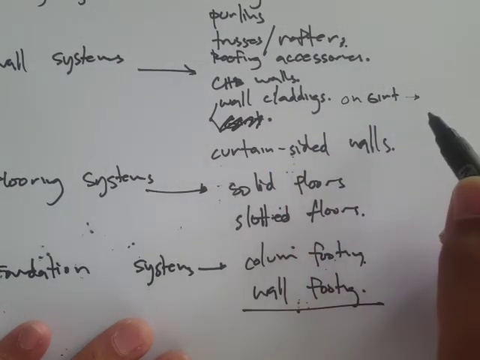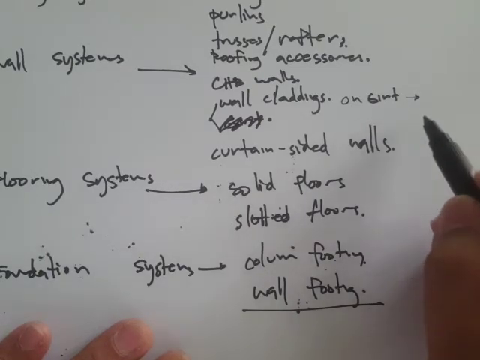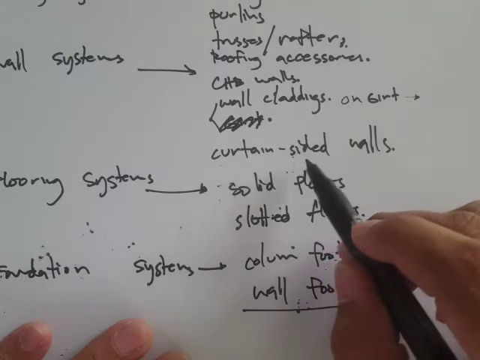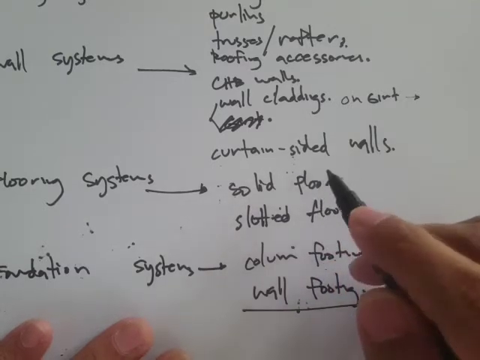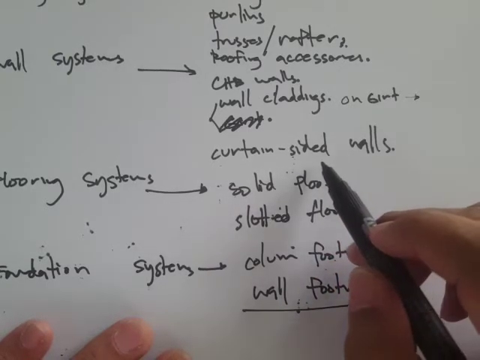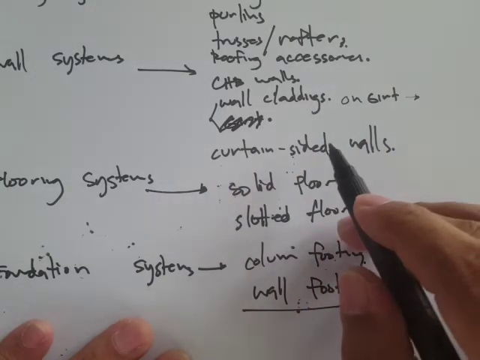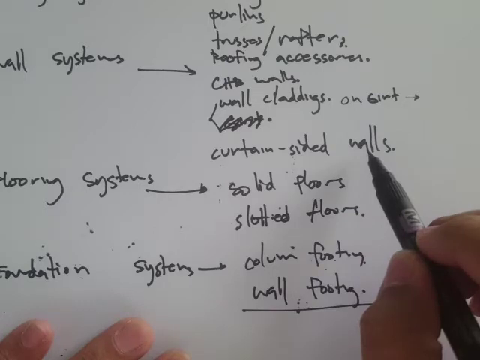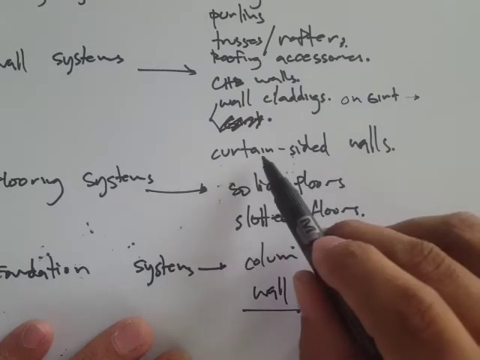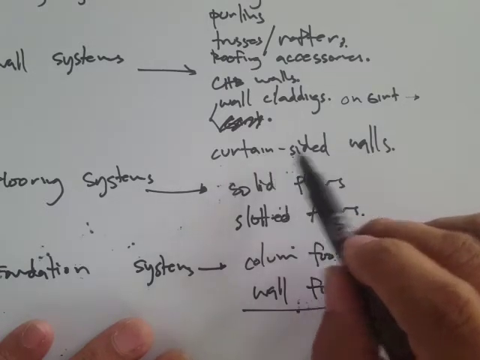Okay, another common type for agricultural buildings is the curtain-sided walls. So for low-cost construction, instead of having CHB walls all the way from the floor line to the ceiling line, at least you have fewer materials.